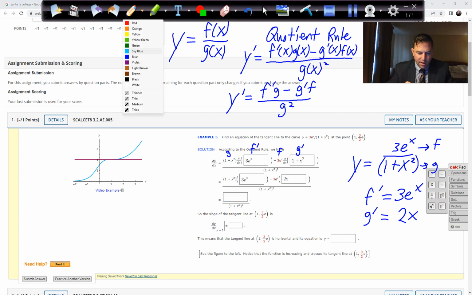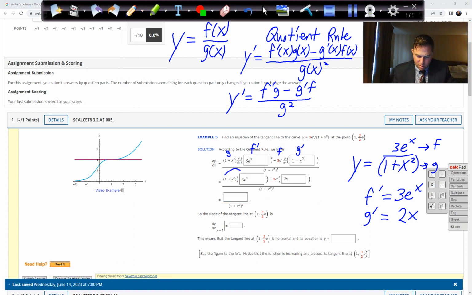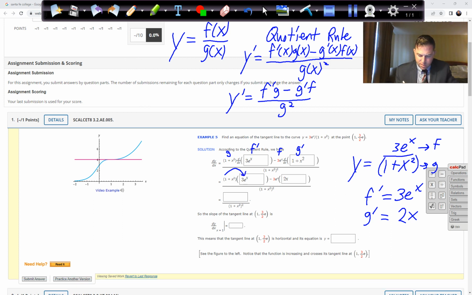We're going to have 3e^x, plus 3x squared e^x. Then we're going to get minus 3 times 2, so minus 6x e^x.